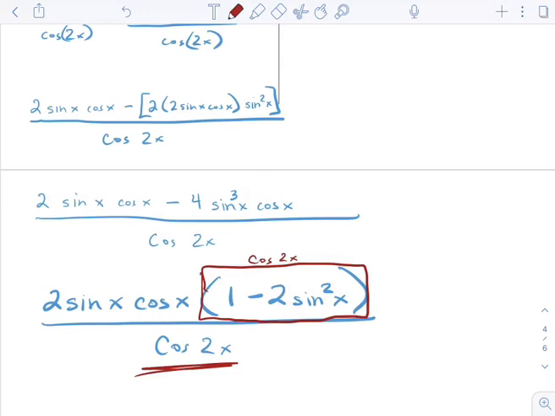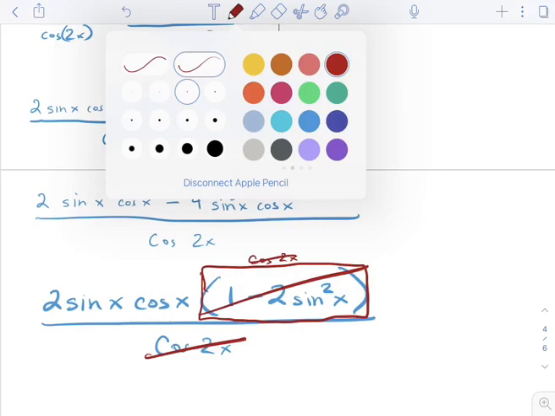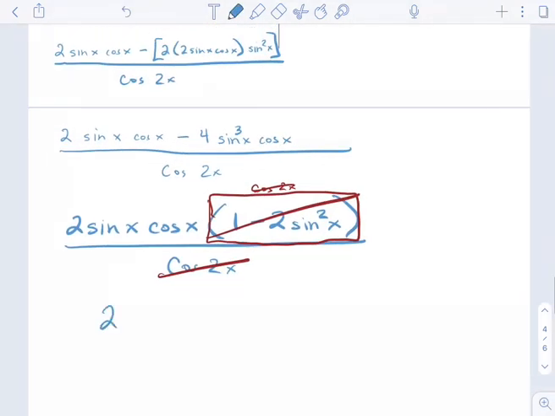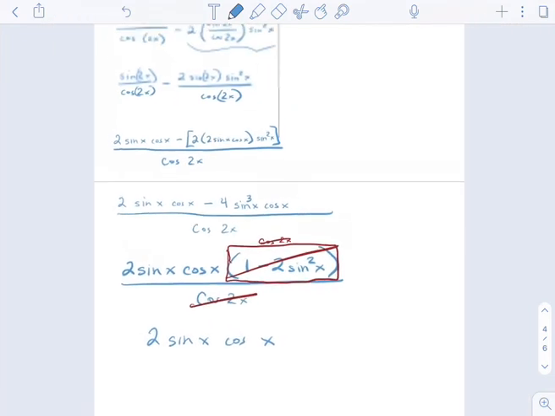That's why I didn't evaluate this one, because I wanted to see which form I would come up with. In this case, I came up with the sine one. So I'm going to cancel those out. It's gone. That leaves me with just 2 sine x cos x, which was what the right side was.